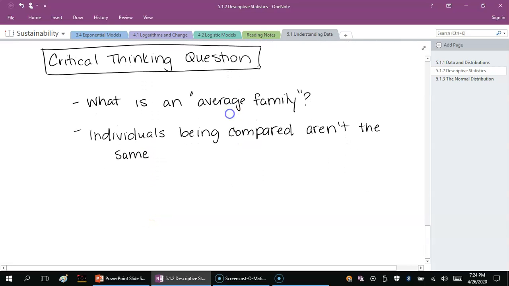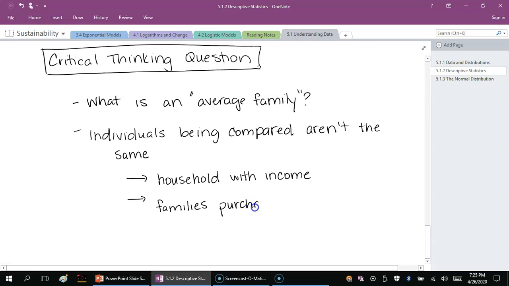In one of these numbers, the individuals were any household with income, and in the second one, the individuals were specifically people purchasing family policies, so let's just say families, purchasing insurance on the individual market.